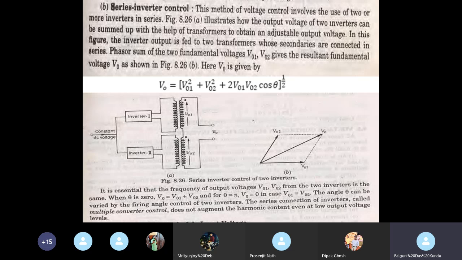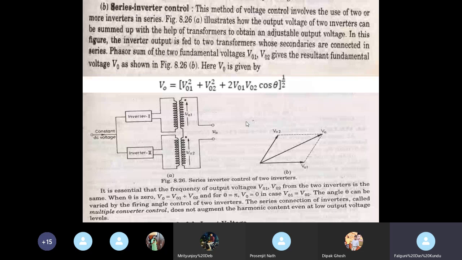If the inverter output is fed to two transformers whose secondaries are connected in series, the phasor sum of the two fundamental voltages, V01 and V02, gives the resultant fundamental voltage V0. We know that V0 is nothing but the phasor sum of V01 and V02, that means the square root of V01 square plus V02 square plus 2 V01 V02 cos of theta.